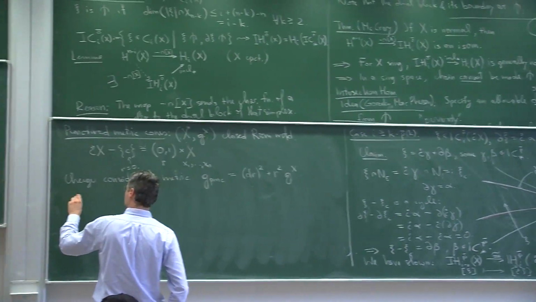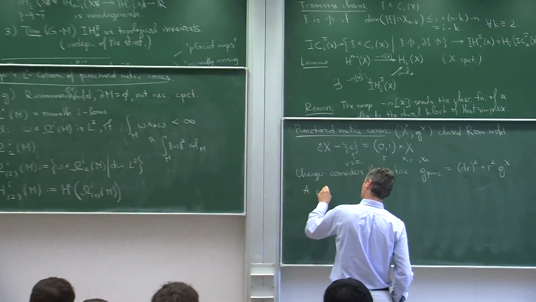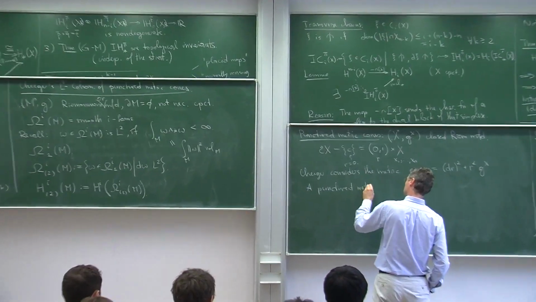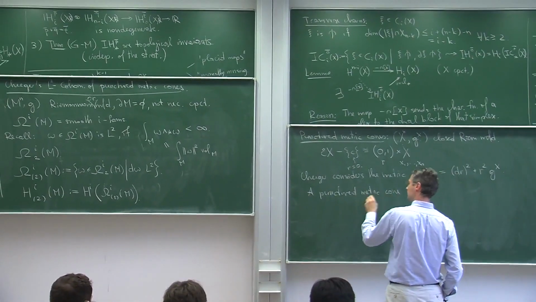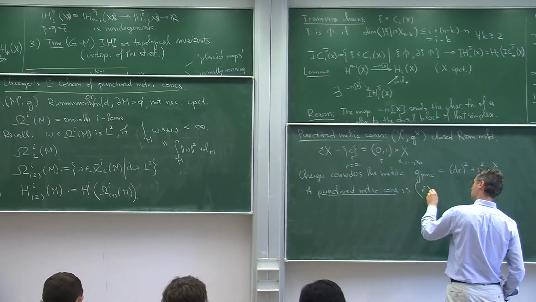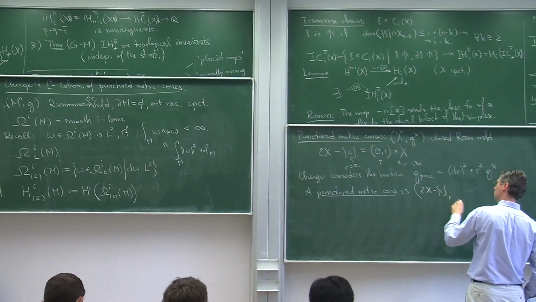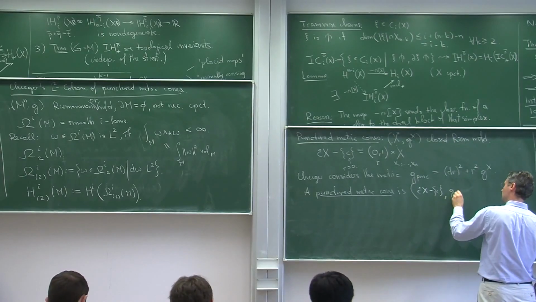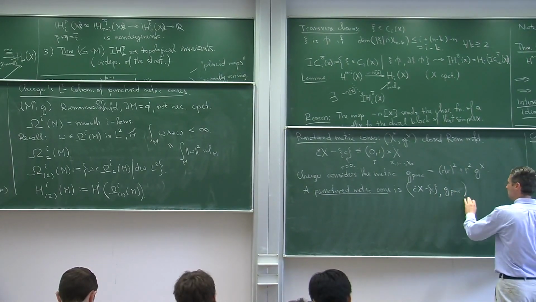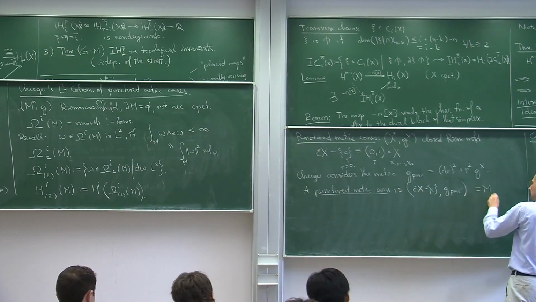So then a punctured metric cone is such a pair. So the cone point deleted with this kind of metric. So this would be an M, such as before.